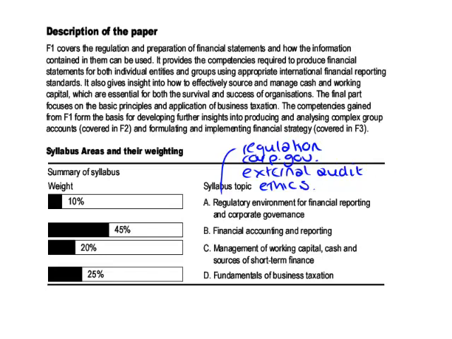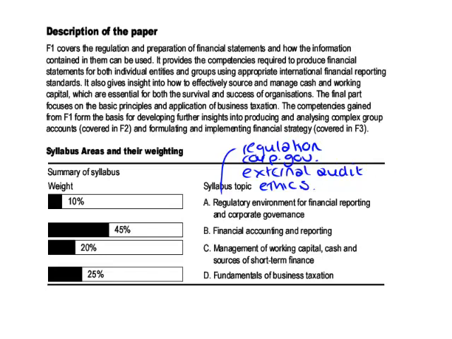So for example, in relation to external audit, they might give you a scenario, tell you what the company has done in its financial statements, and then ask: do you think there needs to be any sort of modification to the auditor's report, and if so, what type? So you're using your application of knowledge to the scenario to find out what's gone wrong, and what that then means for the external auditor's report.